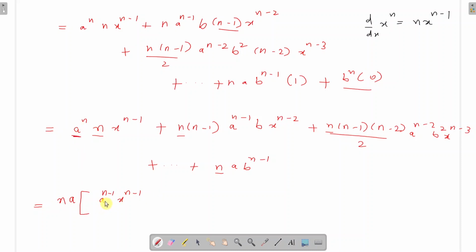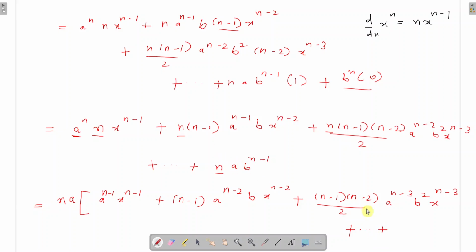So by the law of exponents we'll get a raised to n minus 1, then plus, since n we have taken common, n minus 1 we will get, then here we will get a raised to n minus 2 because a also we have taken common, b will be b here, x raised to n minus 2, plus, here we will get n minus 1 times n minus 2 divided by 2, and a raised to n minus 3 b raised to 2 x raised to n minus 3, okay, plus, and so on.